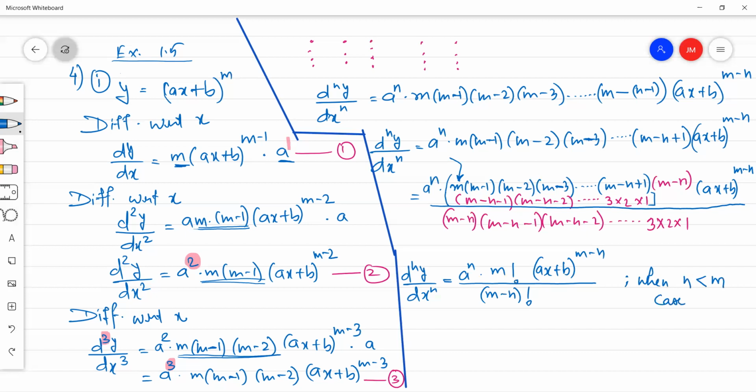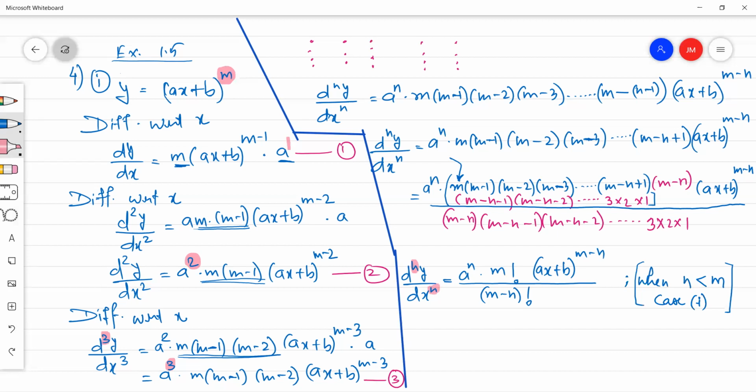You can write here case 1. When n is less than m. That is the power which they give. Try to understand. When I say n less than m, it means the power which they give is greater than the order you are finding, the order derivative you are finding.